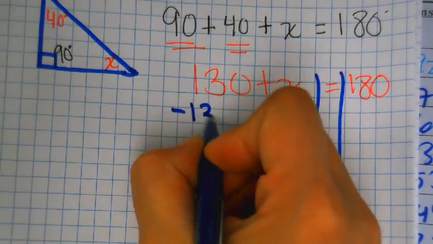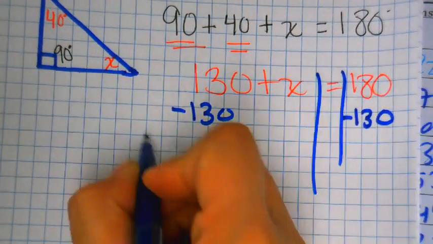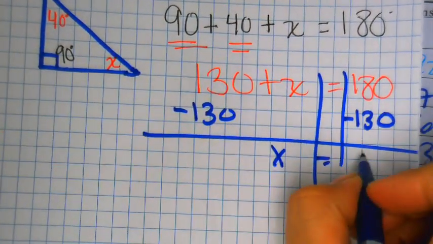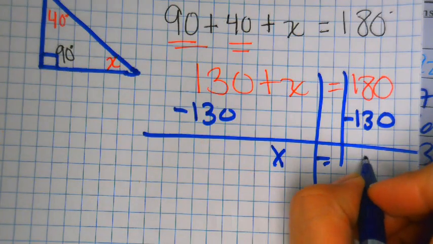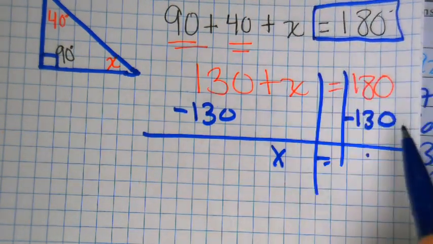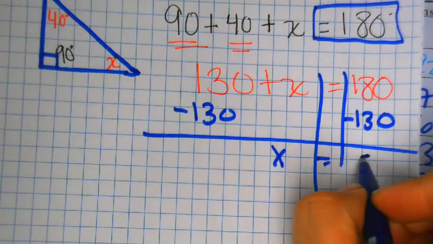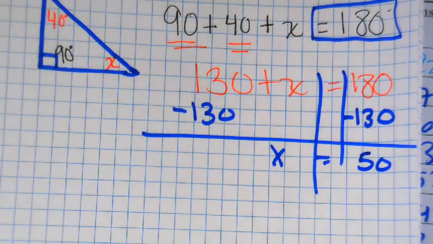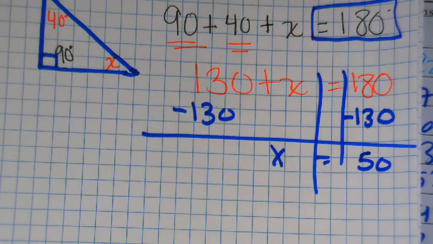Subtract 130. You always set it equal to 180. And then this is equal to 50 degrees. All right? It is a shortcut, which is good to have. 50, right? We okay? So far, so good?